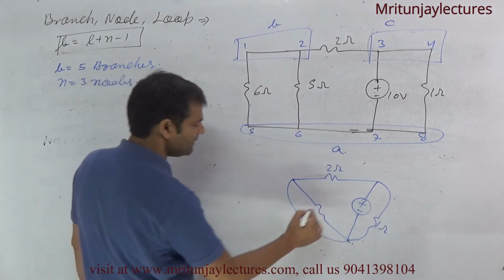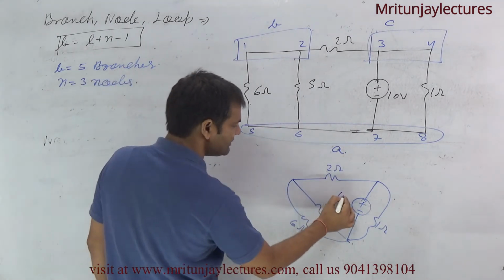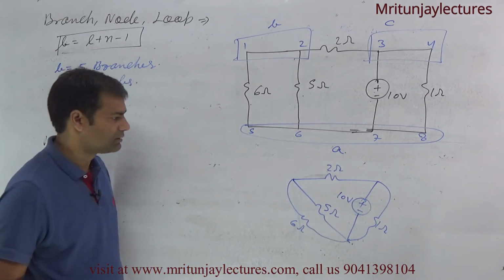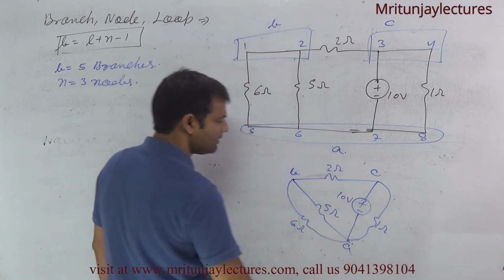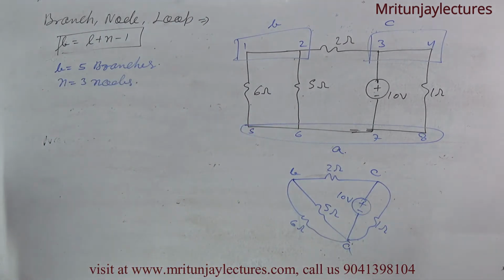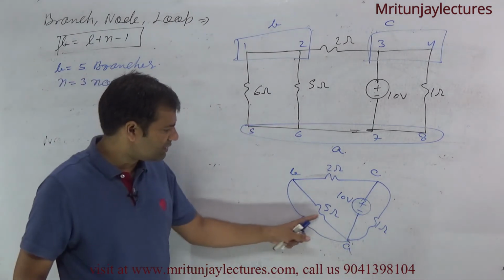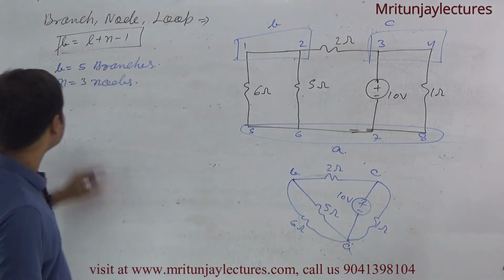And that is 5 ohm, and that is 10 volt. Clear? How many nodes? B, C and A, those are the nodes. Clear? 3 nodes. How many branches? 1, 2, 3, 4, 5. 5 branches and 3 nodes.